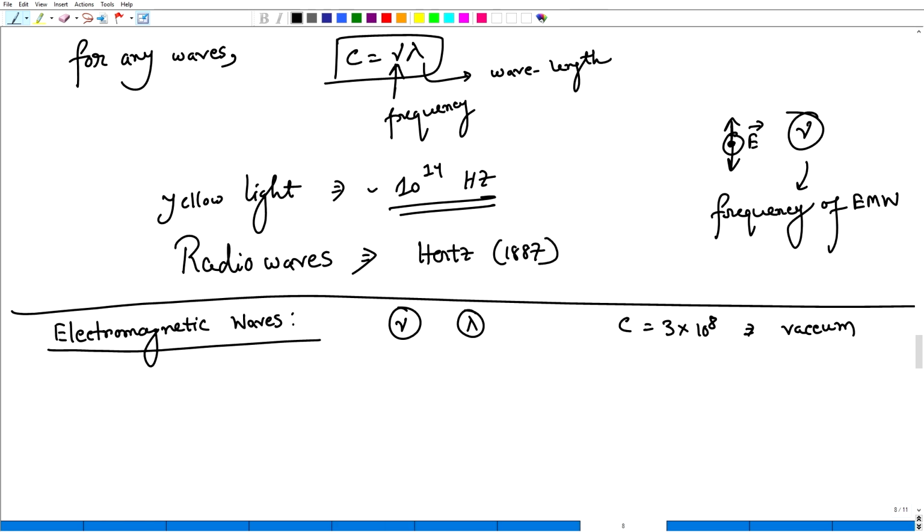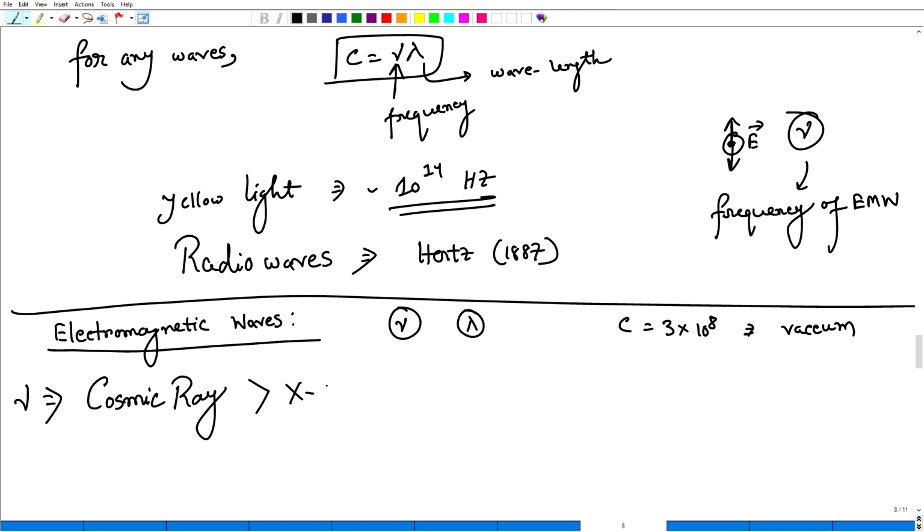So, here now nu and lambda. In terms of nu and lambda, first is our cosmic ray. In terms of frequency, the frequency of cosmic ray is maximum.